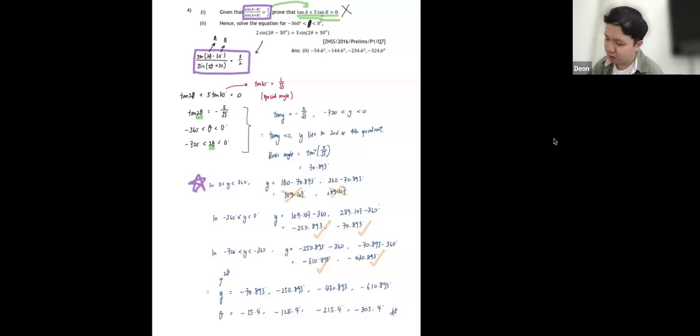Okay, the answers don't fit. Let me go and check whether the answers are correct. I think the answers are wrong. Unless someone can spot an error for me, I think the answer is wrong. Yes, I will send this answer key for you.